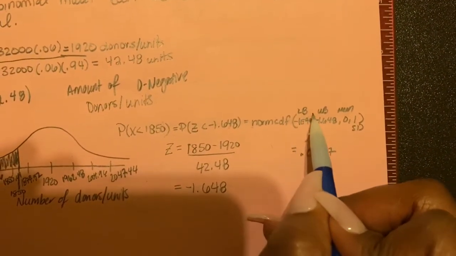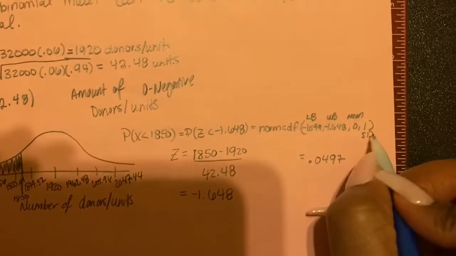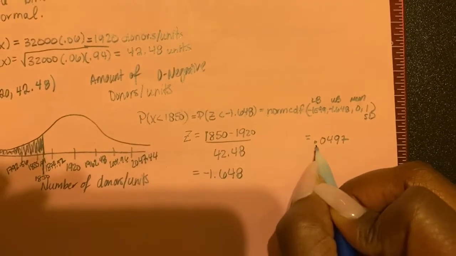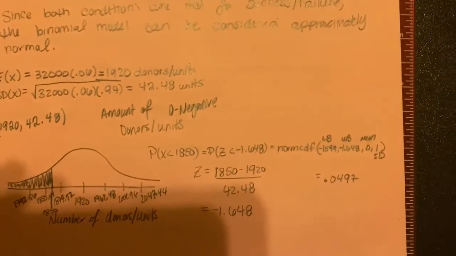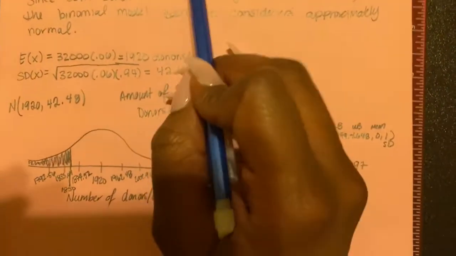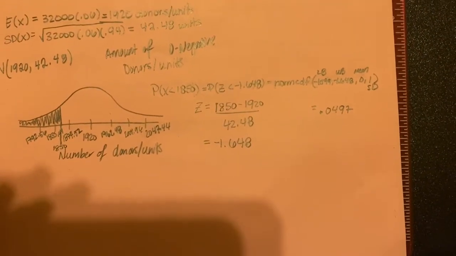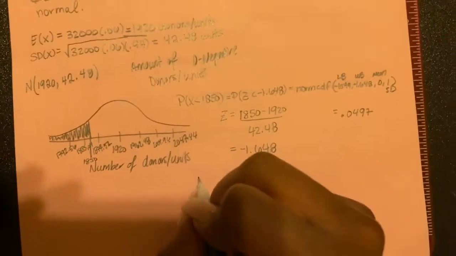Don't forget to label lower bound, upper bound, mean, and standard deviation. And so when you calculate that, you get 0.0497. And so to answer the question, the risk that they will fall short of meeting its need is approximately 4.97%.